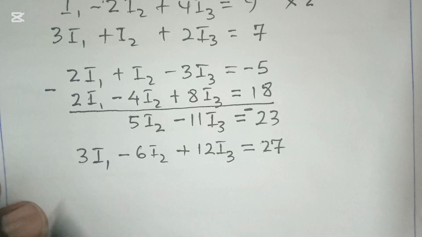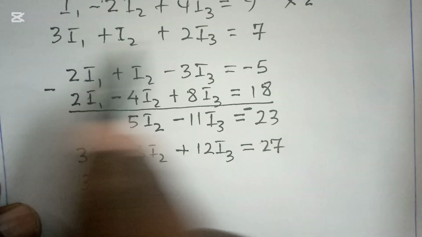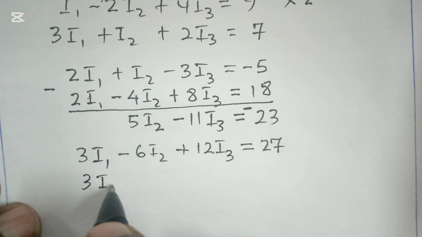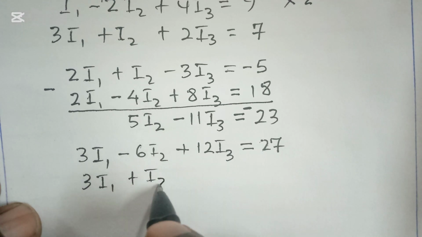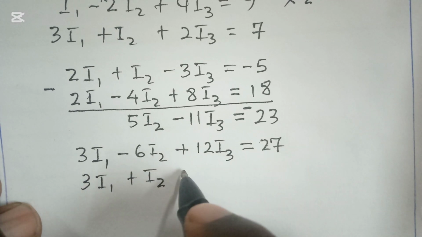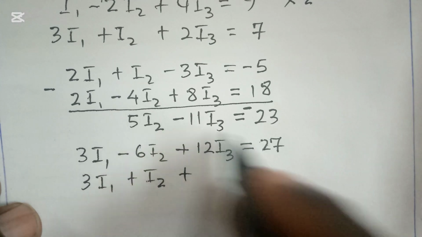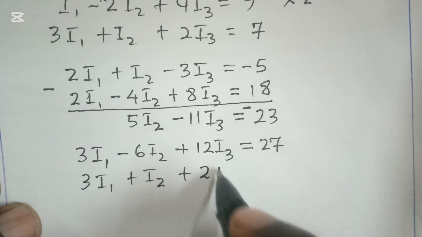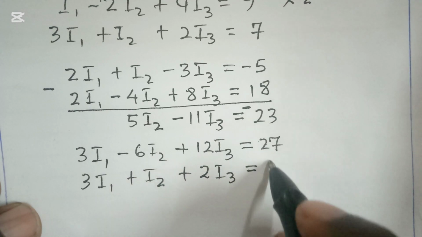Now come and compare with this equation here. This is the equation I'm comparing with this after multiplying by 3. This is I1 plus I2, and you've got to be very careful. Otherwise, any simple mistake, guys, you mess up everything. 2I3, and now this one becomes 7.